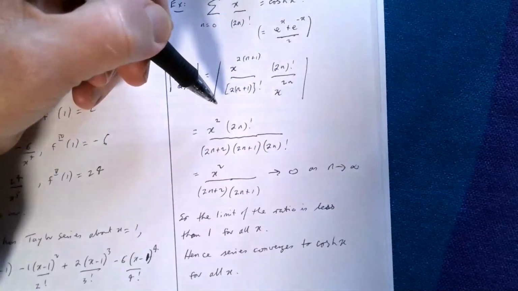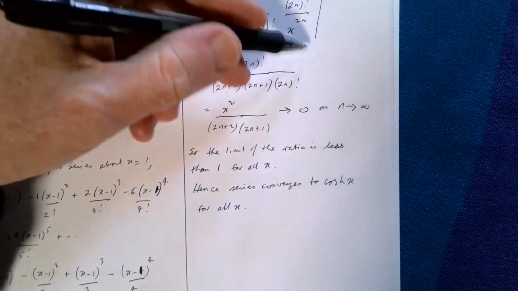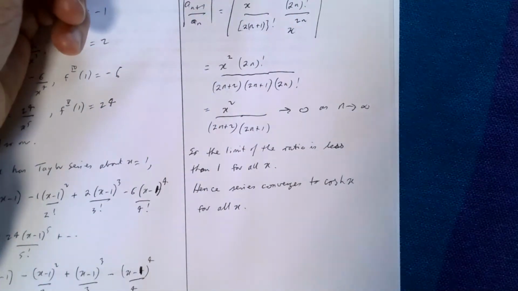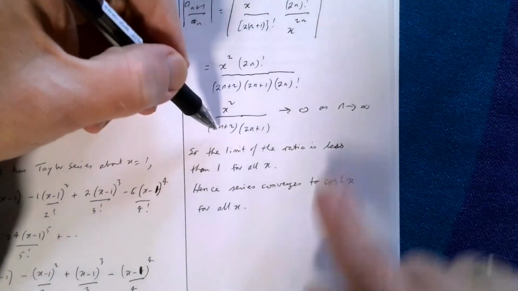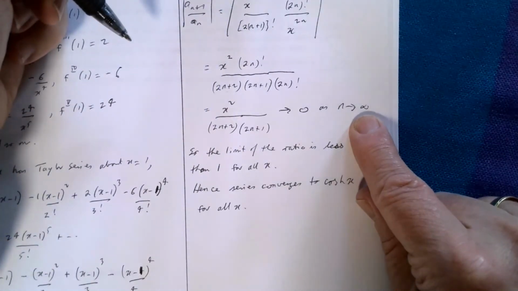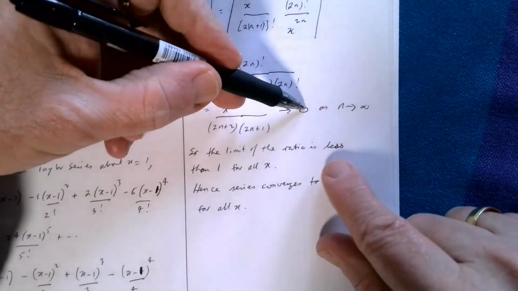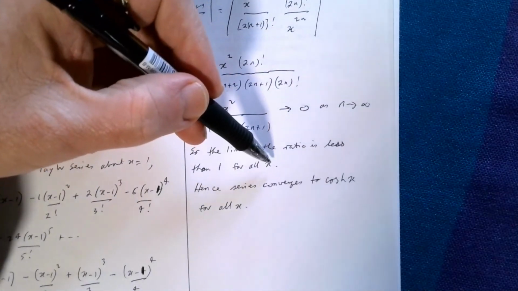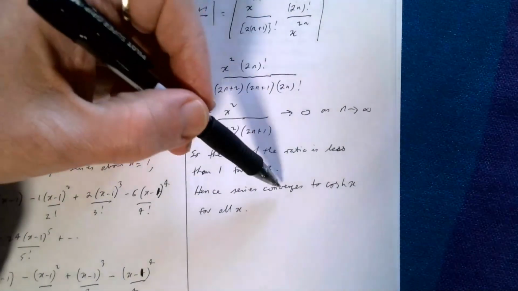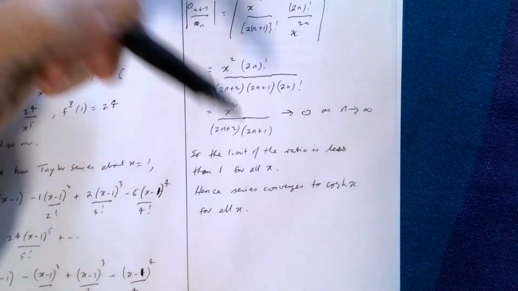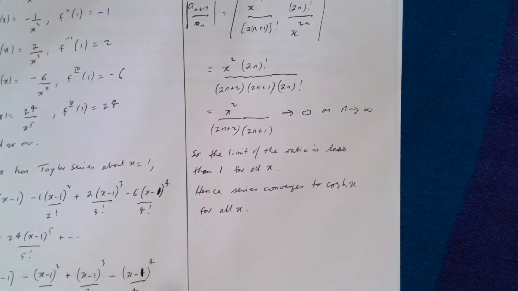These cancel again. Don't need the absolute value because everything's positive, it's x squared over (2n plus 2)(2n plus 1). And again, this goes to 0 as n goes to infinity. So the limit of the ratio is always 0, and that's less than 1 for all x. So hence the series converges to cosh x for all x.